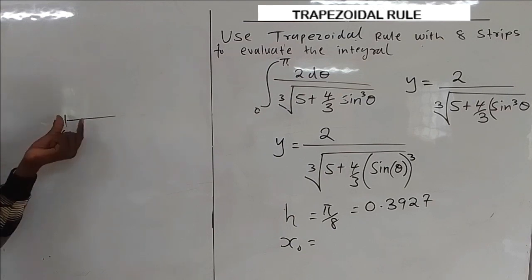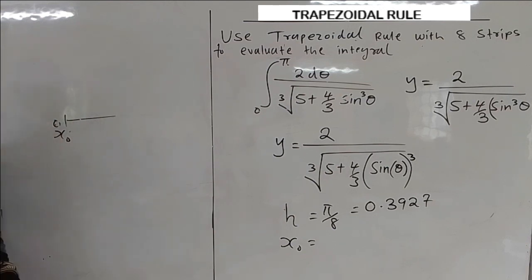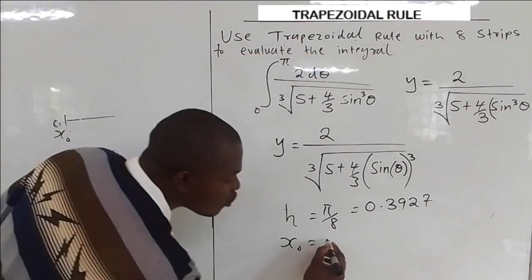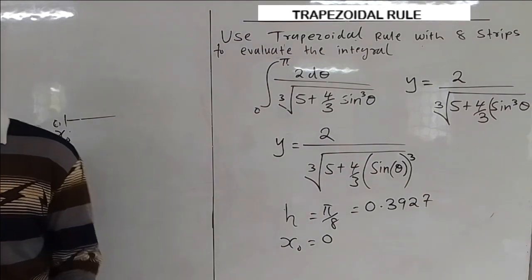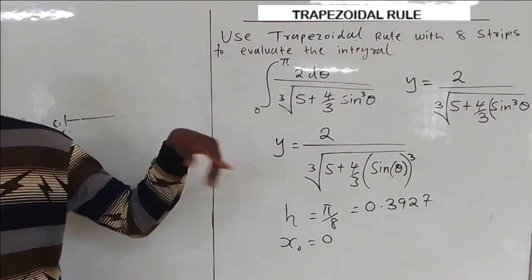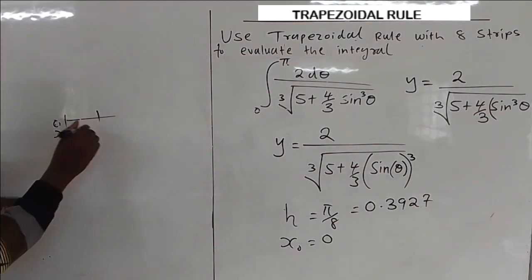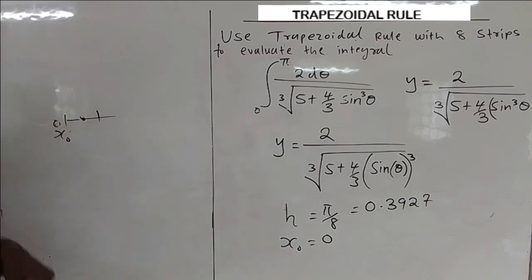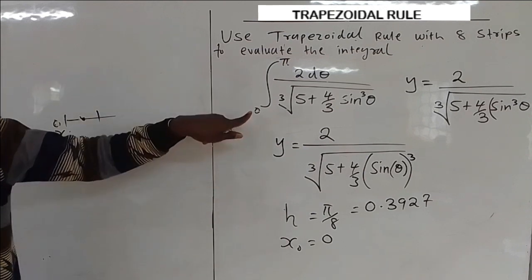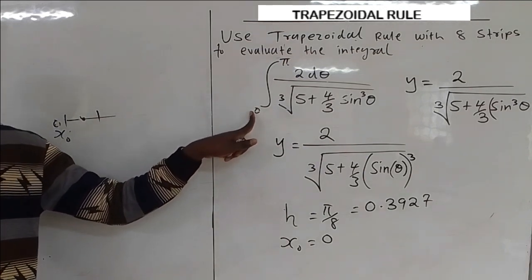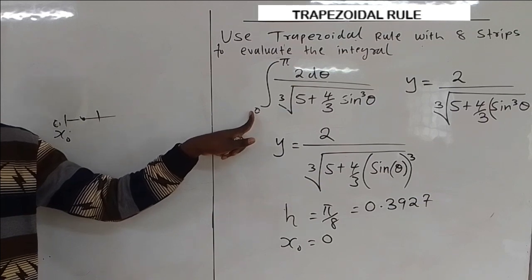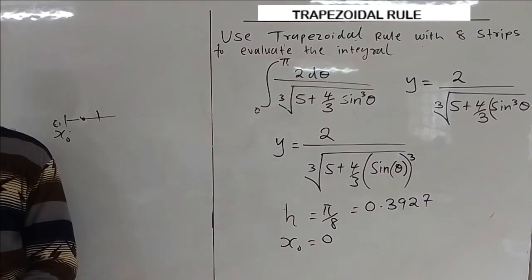So when you are dealing with the trapezoidal and the Simpson's rule, x naught is automatically that 0. It is the mid-ordinate rule where you get that value x naught to be in the middle. So Simpson's and trapezoidal rule, x naught is automatically there. Is the concept understood? x naught is starting at that 0.